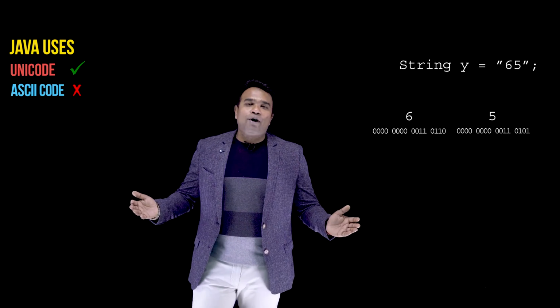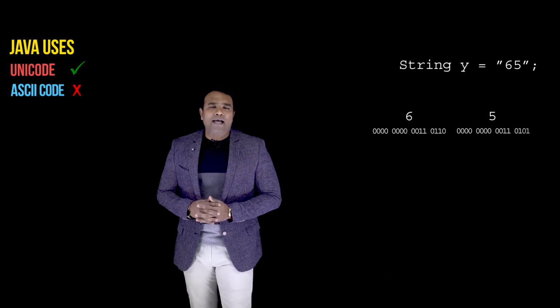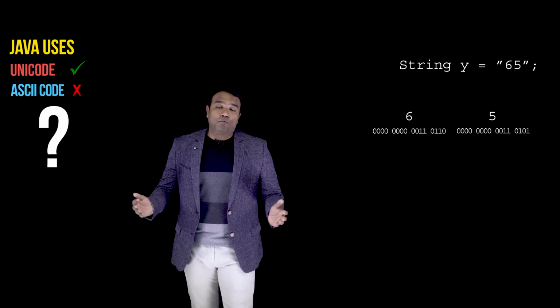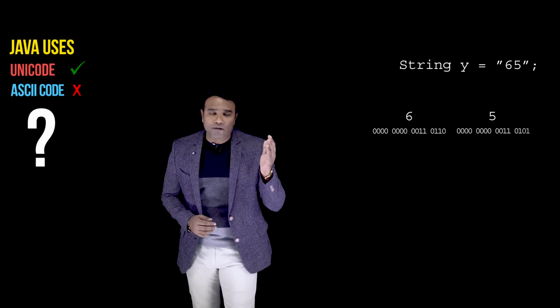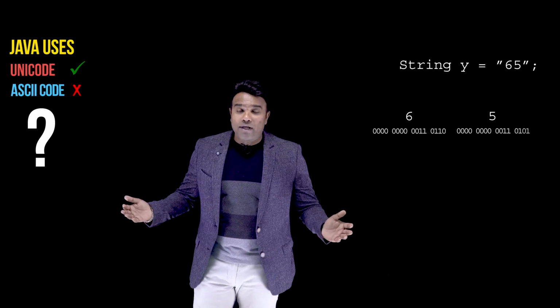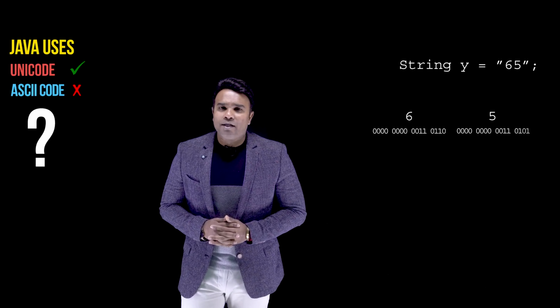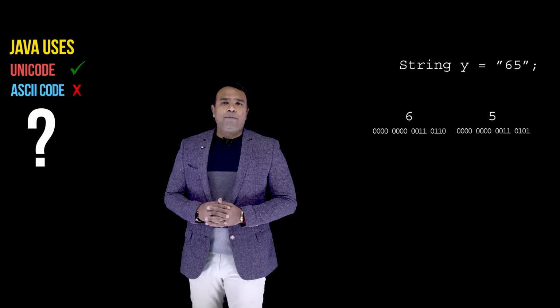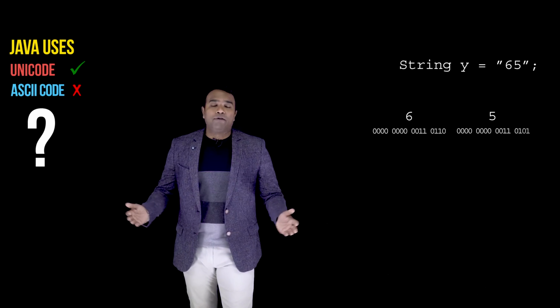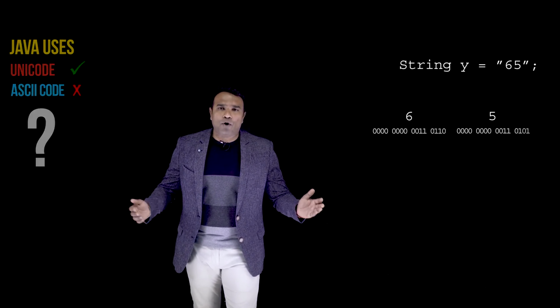Well, at this point in time, I'm sure you would be having some questions about what really is the ASCII code and what really is the Unicode and how they are different, how they are similar, and so many questions. But moving forward, in some other episode, I would explain everything about the ASCII code and the Unicode. But as of now, what I can say to you is that 65 is stored like this.